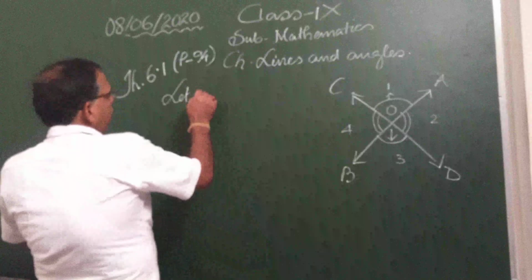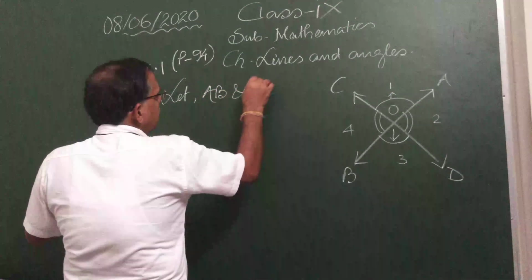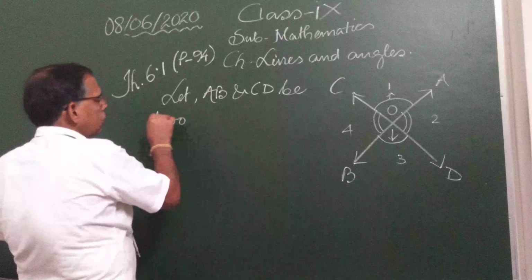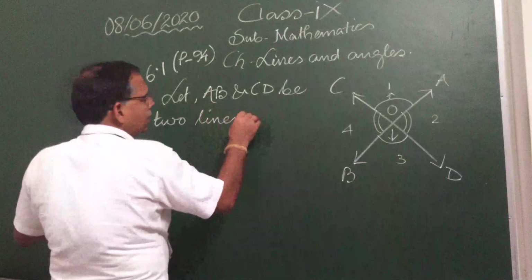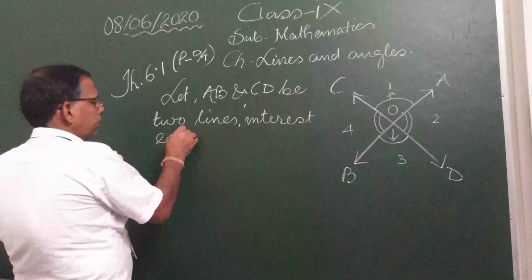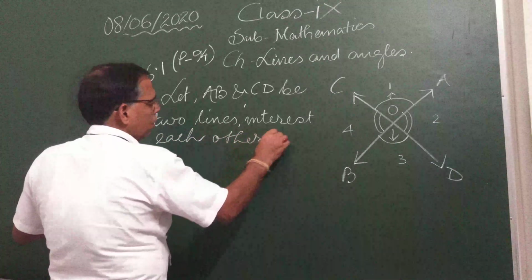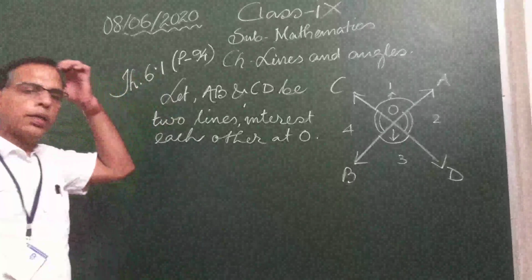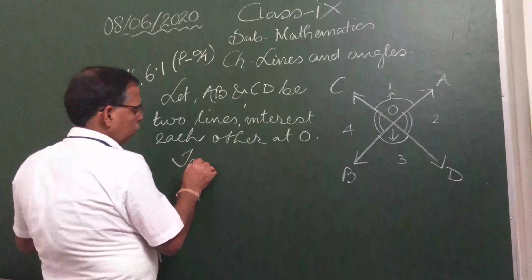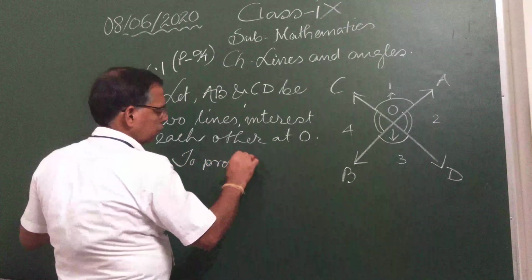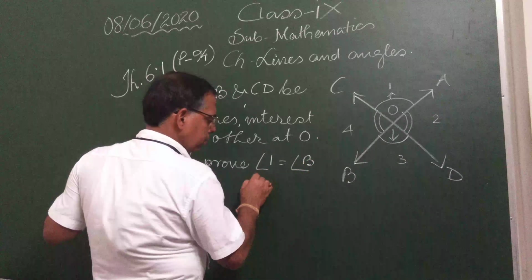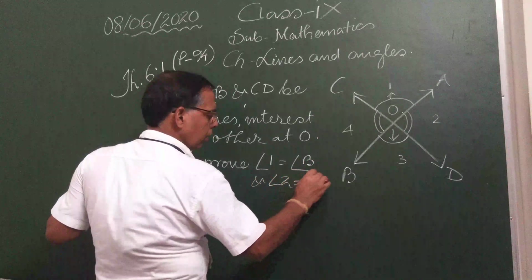So let AB and CD be two lines intersecting each other at O. To prove: angle 1 equal to angle 3 and angle 2 equal to angle 4.